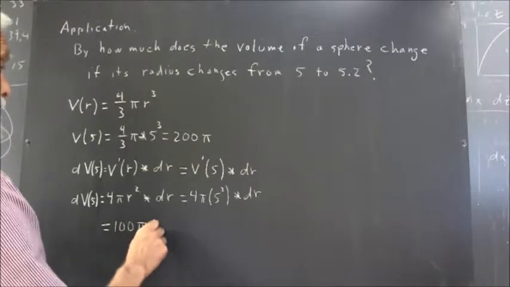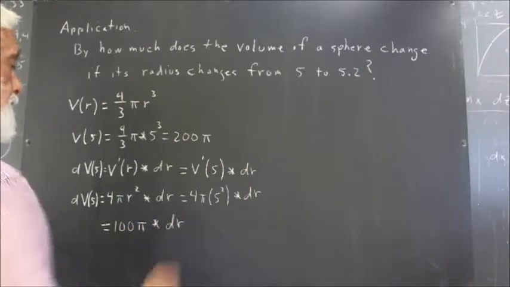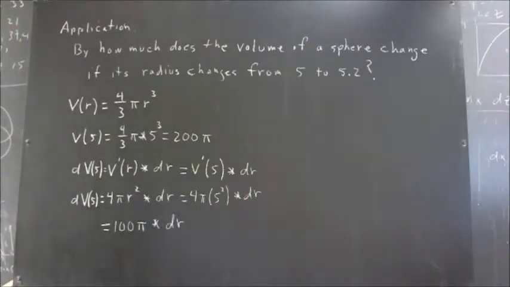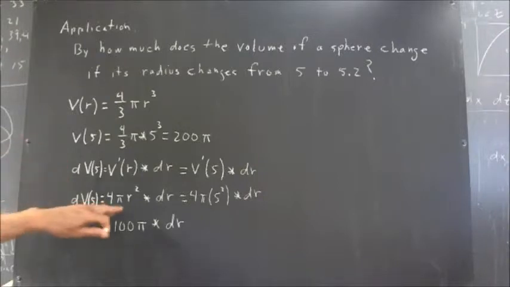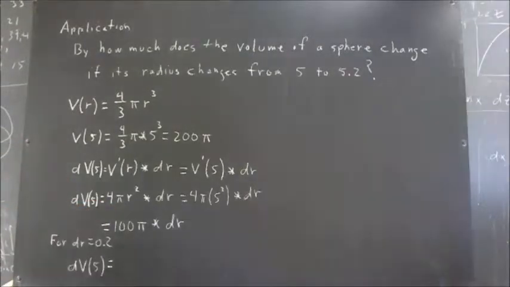So that's 100 pi times dr. Okay, remember 100 pi is the surface area of a sphere of radius 5.